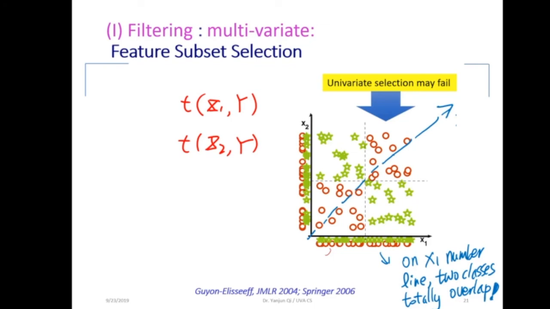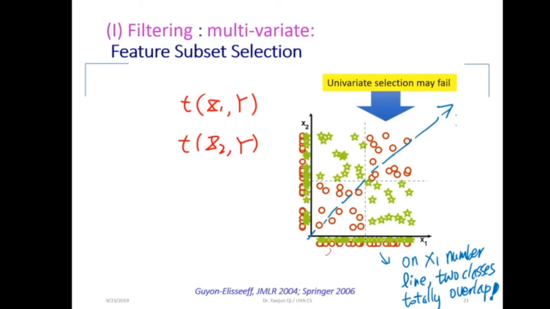If I only look at the x2 coordinate from the lower to the upper, these two classes, green and red, completely overlap. But actually you can tell these two classes are very nicely separated through some kind of combination of x1 and x2.